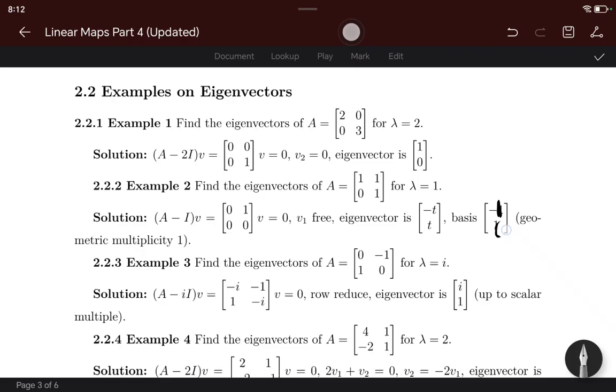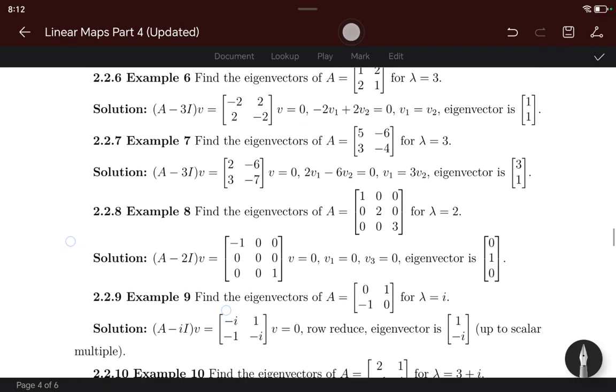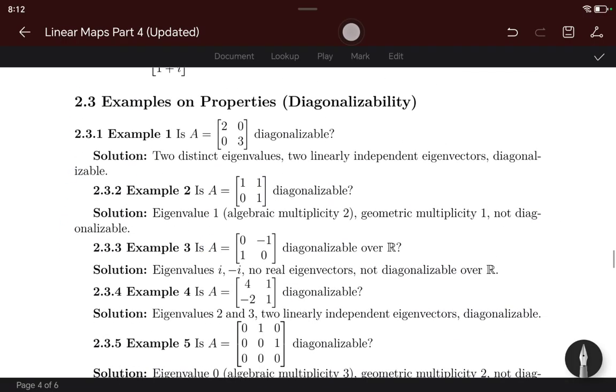So the eigenvector is t times this one, and then this one is 0. Now this is what we're going to be having, and the geometric multiplicity is 1. You see that, right? Now if we're going to check if this is diagonalizable, yes or no, the algebraic multiplicity is 2 and the geometric is 1, hence this is not diagonalizable.